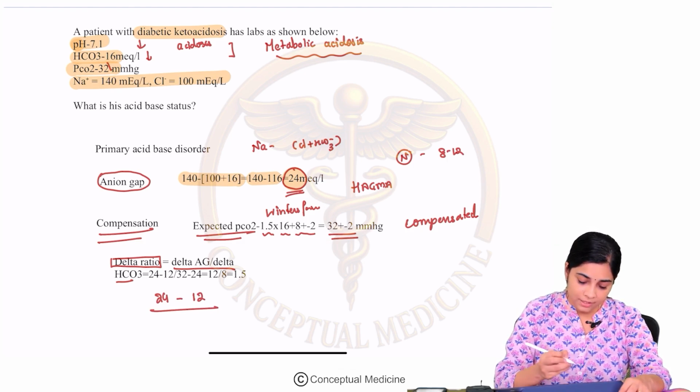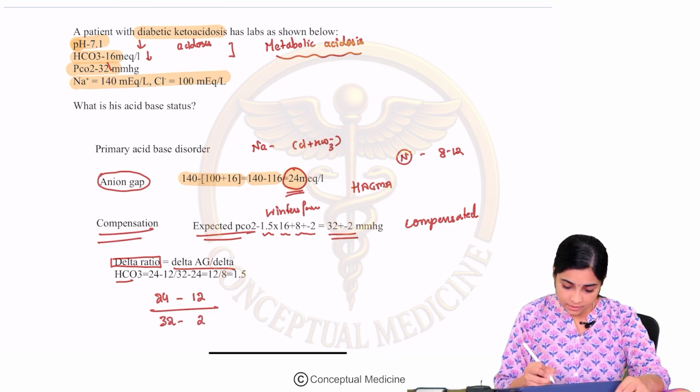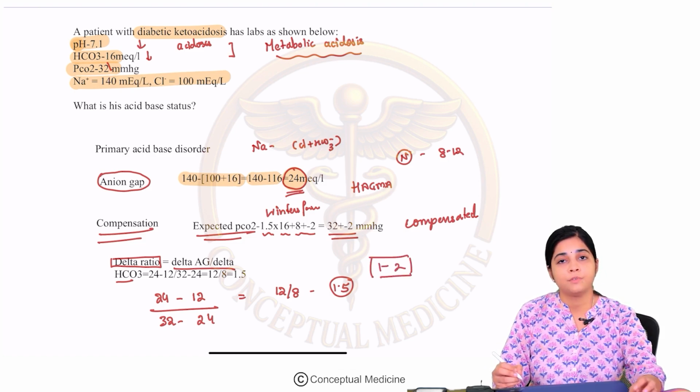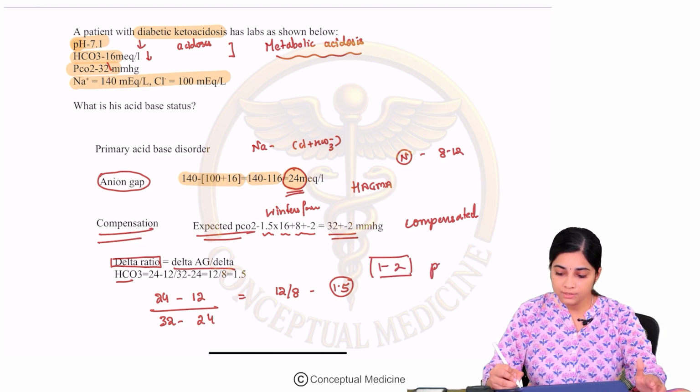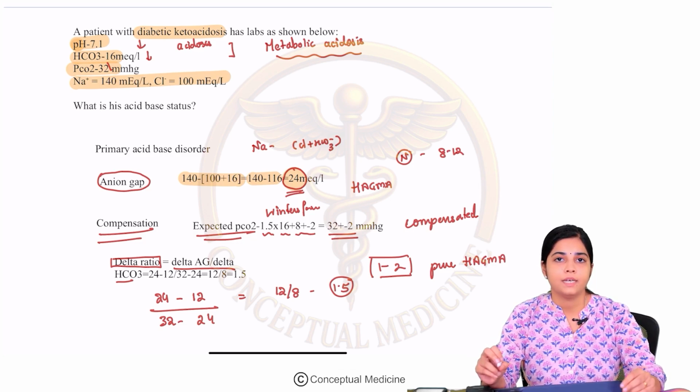The given bicarbonate is 16 and the normal bicarbonate is 24. So this is 12 by 8, which is 1.5. So this delta ratio is within 1 to 2. We have learnt that if the ratio is between 0.8 to 2 or 1 to 2, then this is a pure high anion gap metabolic acidosis. This is a pure high anion gap metabolic acidosis.